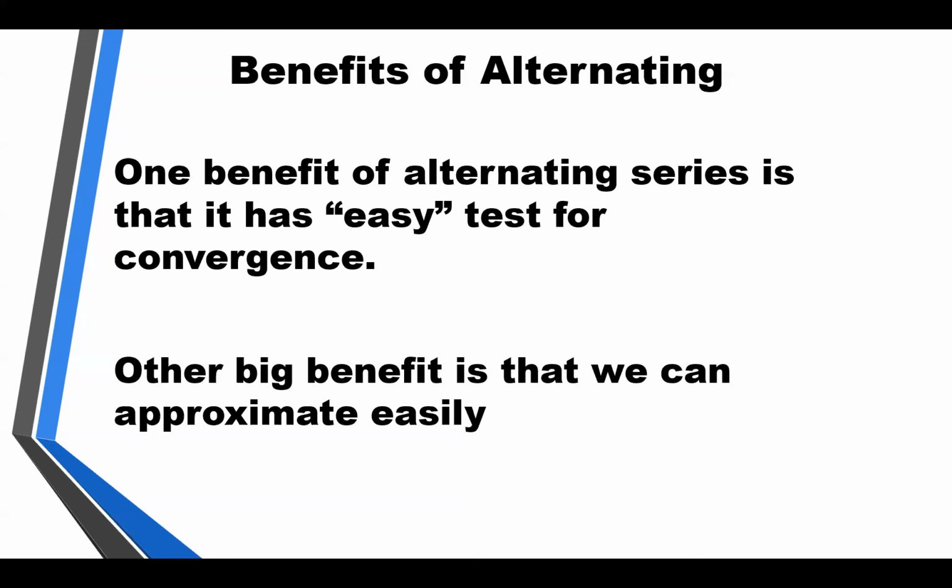The other big benefit of alternating series is that we can approximate alternating series fairly easily. That is, if they converge, obviously. So if an alternating series converges, then we can do a pretty good job at approximating the sum using the first few terms, or the first maybe many terms.